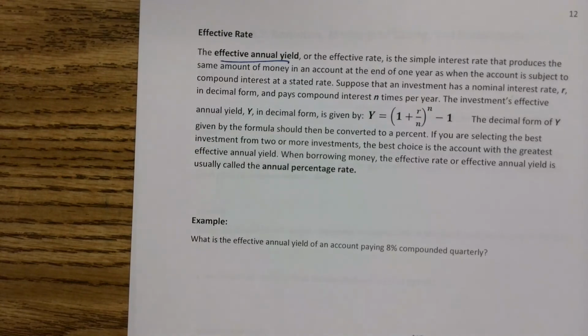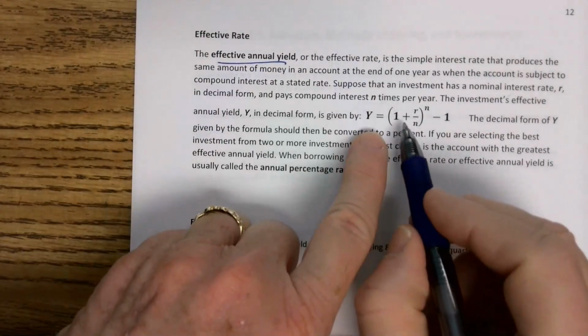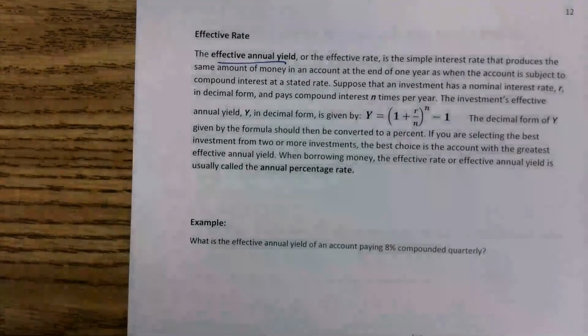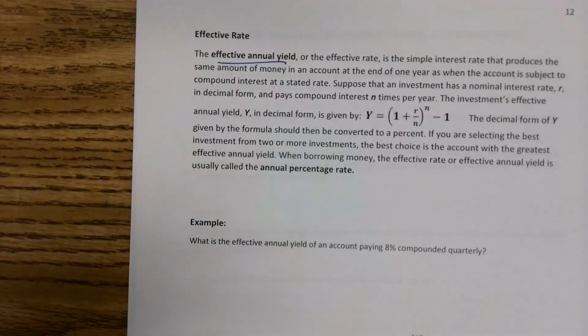So if you get a loan at 5% compounded weekly, and you get one at 5.25% compounded monthly, and I get one at something compounded yearly, who got the better deal? Well, we could try all three of them, or we could do this, and this is the way that undoes that, so that makes it all even Stevens.